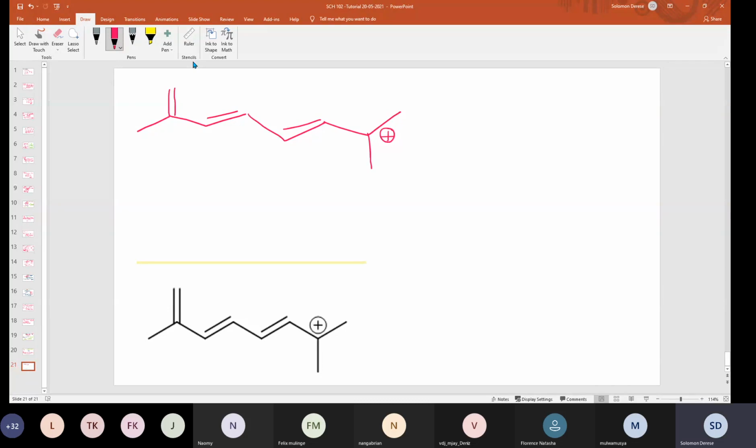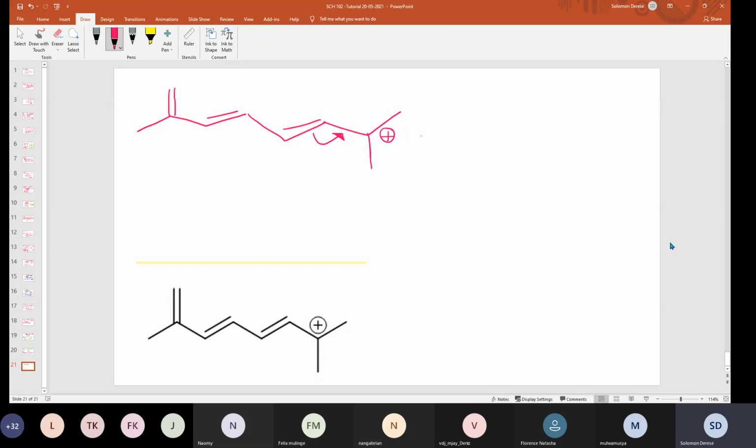You see, what you should know is that we have this double bond, single bond, and then on this carbon, we have a positive charge. You should not forget, when you have something like that, what you do is you use the electrons of the double bond to form the double bond in here.